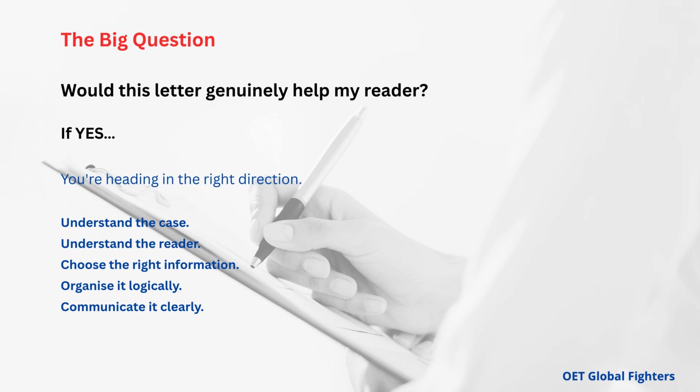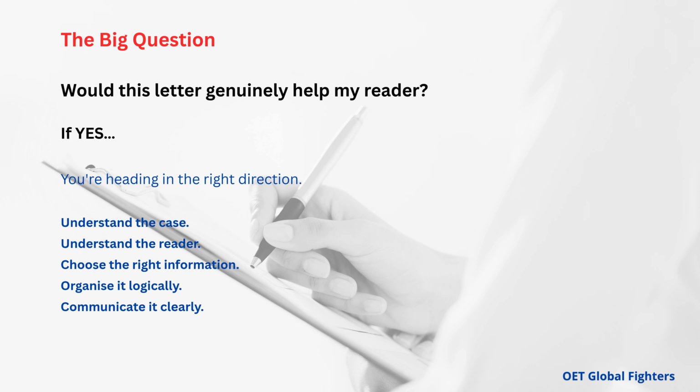Content asks, what does the reader need to know? Conciseness and clarity asks, have I removed what they don't need? Genre and style asks, am I communicating professionally and appropriately? Organization and layout asks, have I presented the information in a logical, easy to follow way? And language asks, is my English accurate and clear enough to communicate the message?